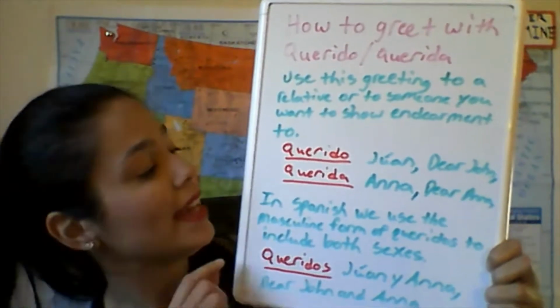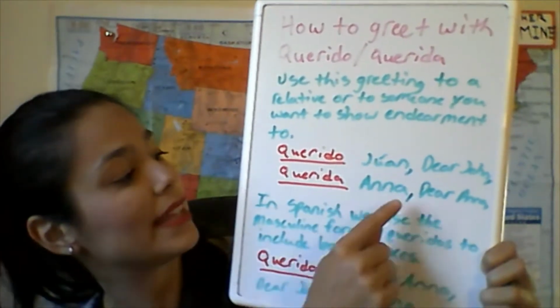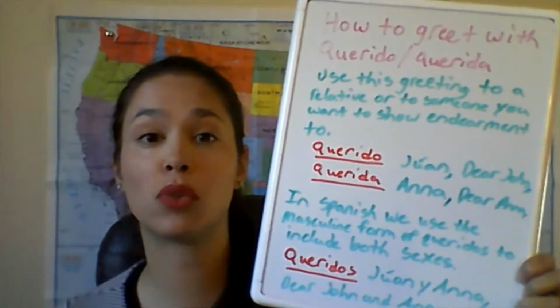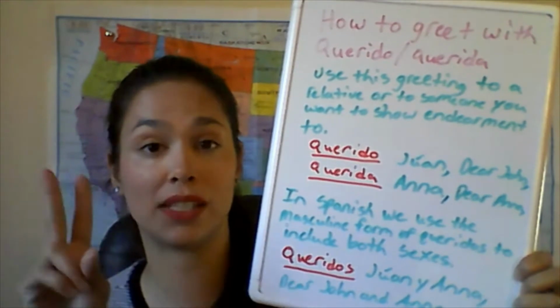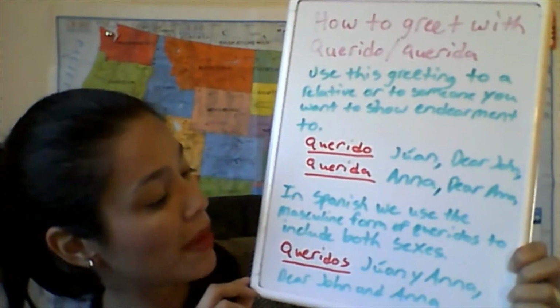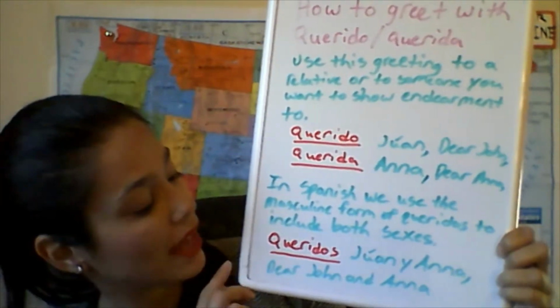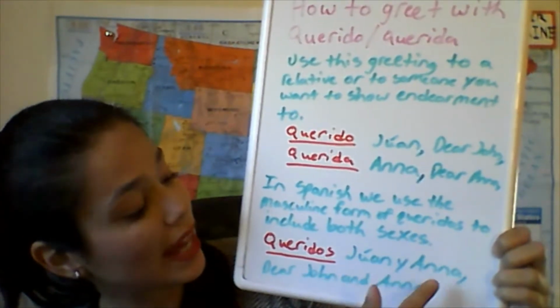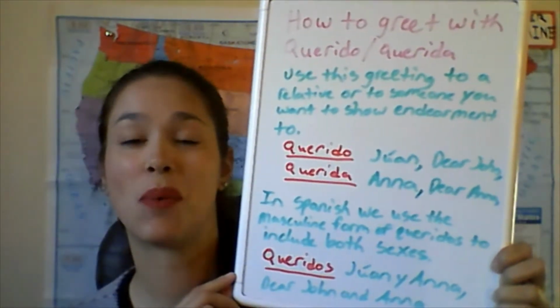Or we can say querida for feminine, Ana. Dear Anna. Another rule to remember in Spanish is if in our letter we're writing to two recipients, we would use the masculine form queridos. So here's the example. Queridos Juan y Ana. Dear John and Anna. Well done.